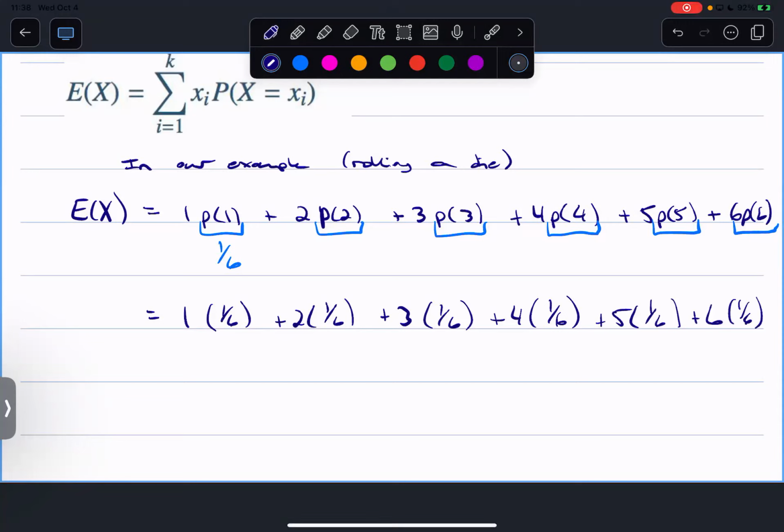It's so tempting, right, to simplify 6 times 1/6, but that's going to make the math harder. You can, but you'll set yourself up. So now I've got this common multiple of 1/6.